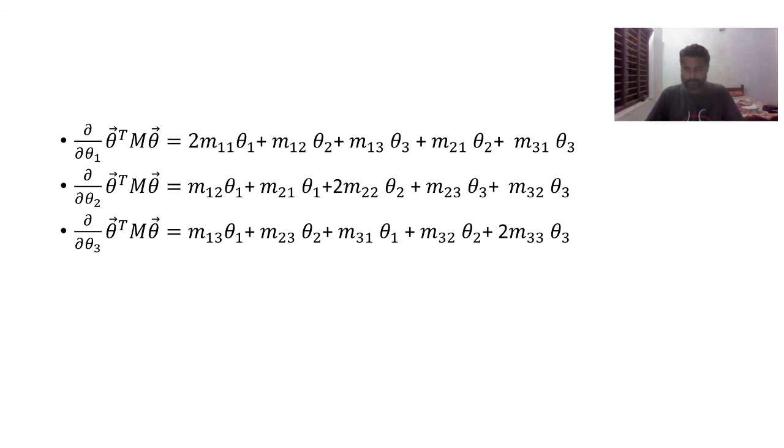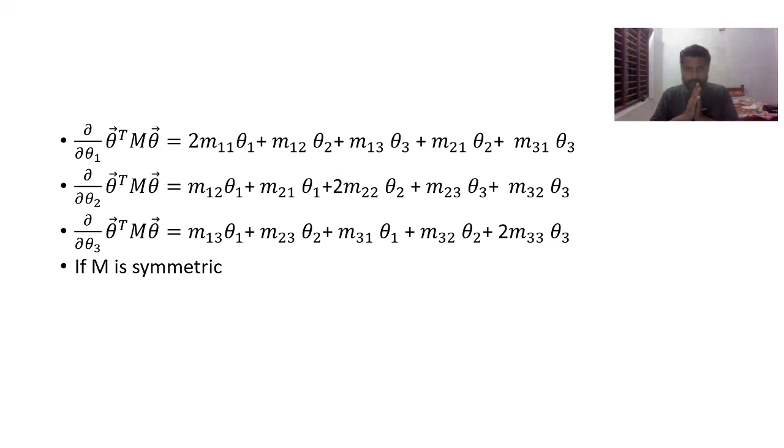So what I can do, if M is symmetric I can represent all these things. If M is symmetric I can represent dou by dou theta 1 of theta transpose M theta in a simpler form.